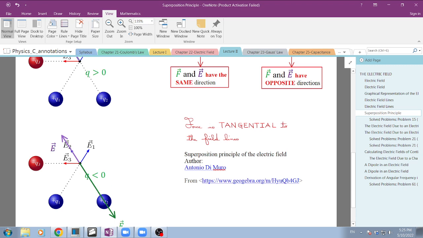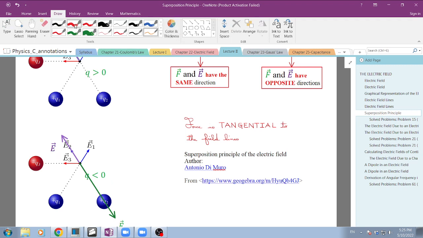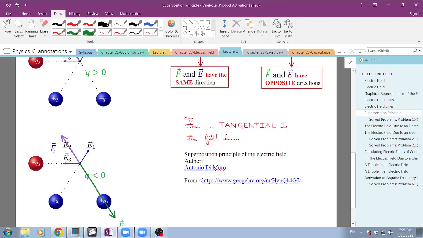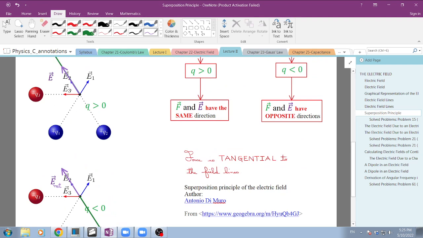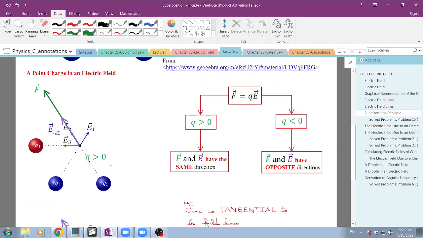After calculating the net field, to find the final electrical force acting on any particular charge, you have to pay attention to the sign of the charge.